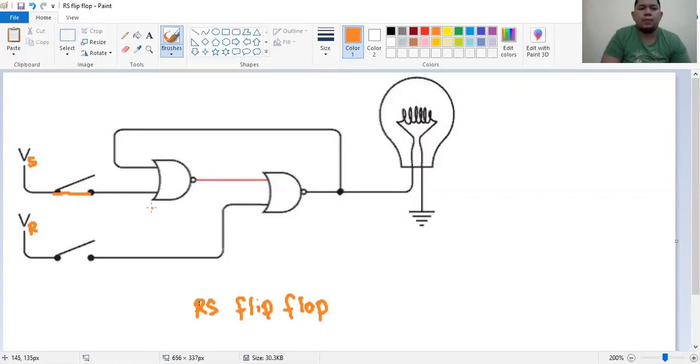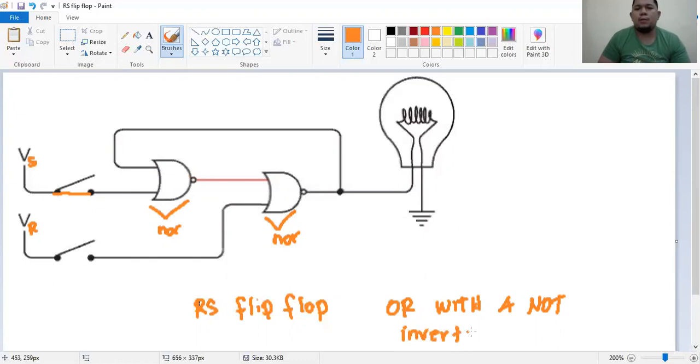Let's notice first that we have two NOR gates. NOR gates are essentially OR gates with a NOT, so the NOR inverts the output of the OR.